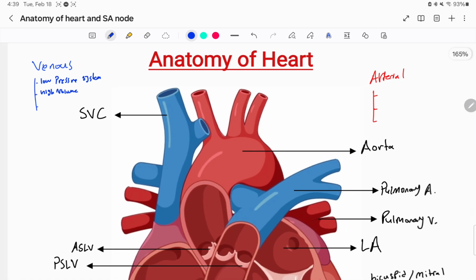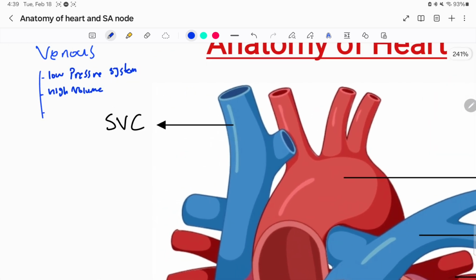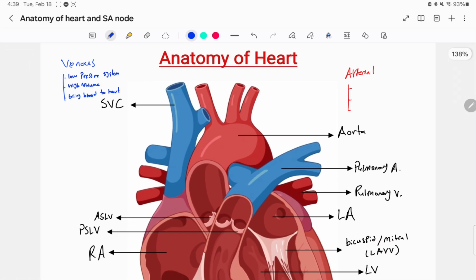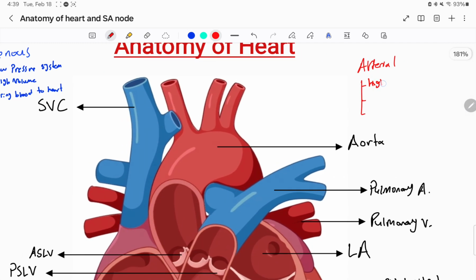And one of the main characteristics of veins is that they bring blood back to the heart. Okay? Now, with respect to the arterial system, it is a high pressure system.